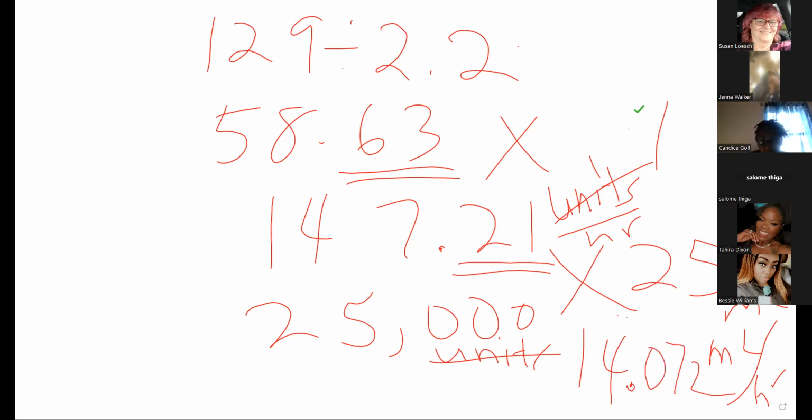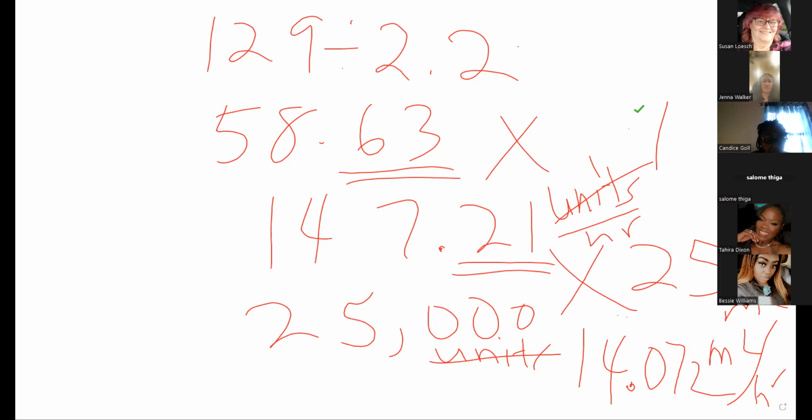Now if I said rounded to the nearest digit to the decimal, what would it be? 14.1. If I said rounded to the nearest tenth, what would it be? 14.1.